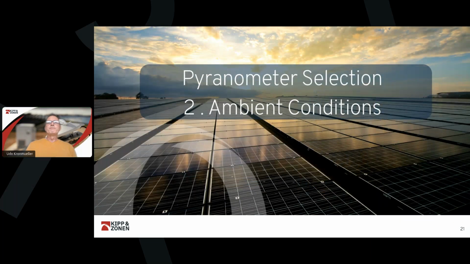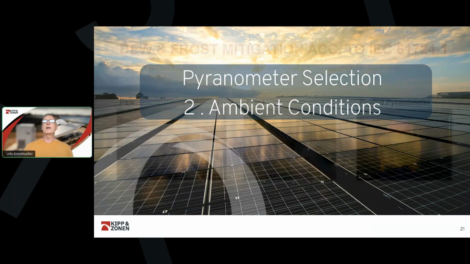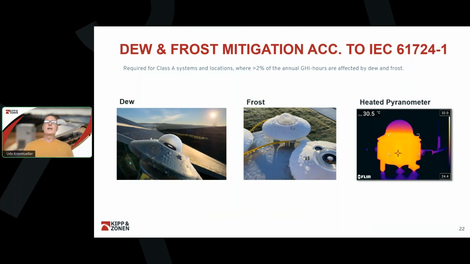A second criterion for choosing the right pyranometer is how pyranometers behave under different ambient conditions. The IEC standard, IEC 61724, also contains one chapter about so-called dew and frost mitigation for irradiance sensors.